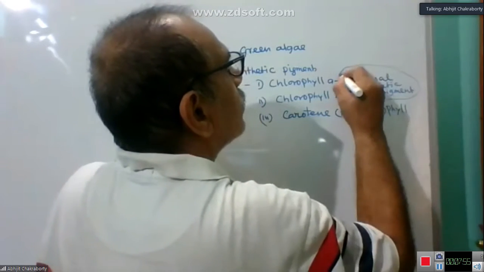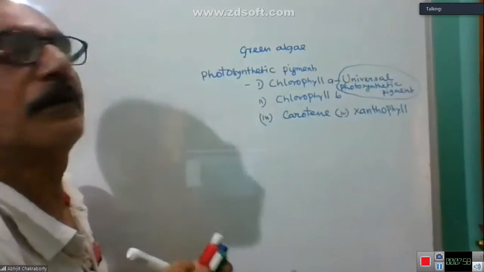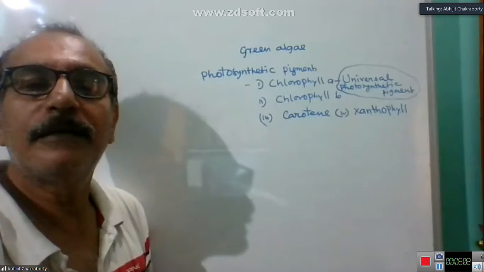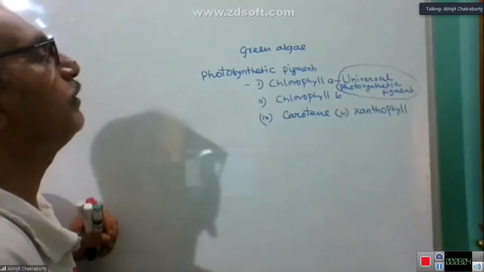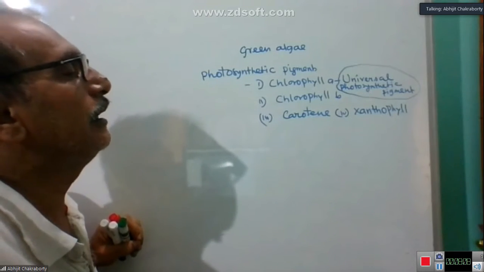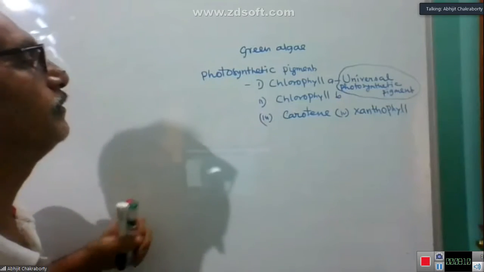Chlorophyll A is the universal photosynthetic pigment. This is what about the pigments found in green algae: chlorophyll A, chlorophyll B, carotene, and xanthophyll.